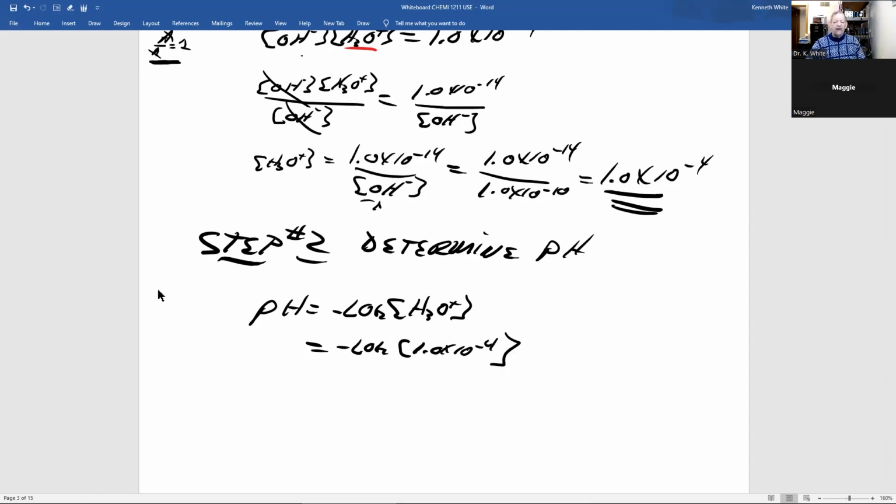And when you have minus the log of 1.0 times 10 to the minus x, this is equal to x. What's x? 4. So the pH is 4.